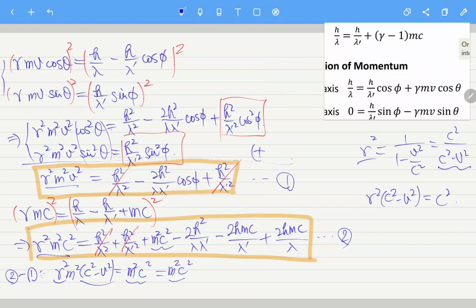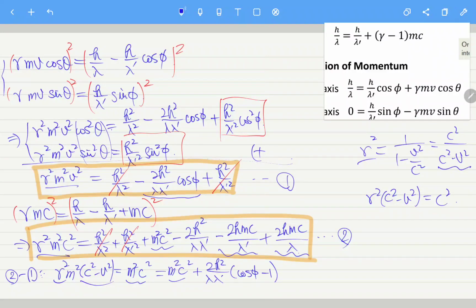So we have this one. We have 2x squared over lambda prime. So it will be something like 2x squared over lambda prime cosine phi minus 1.